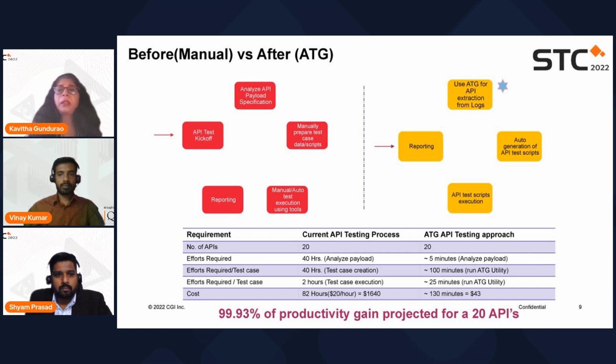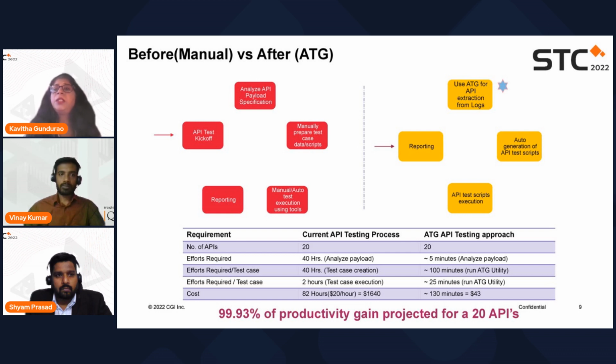Then we started manually preparing the test cases, the test data, and everything. Then we used to automate based on priority, and this is what was taking a long time. Then the execution and reporting. That's how the cyclic process used to be. With ATG, there is no particular block where we analyze the payload specification in detail.